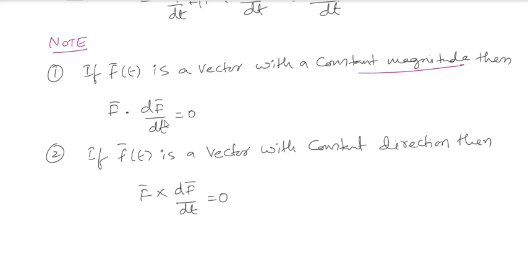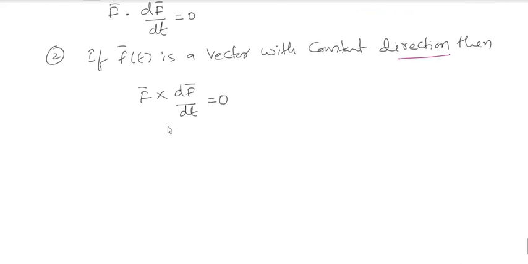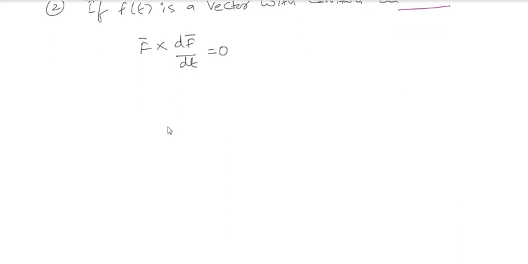So magnitude means dot product and direction means cross product. That's all. Clear? Getting what I'm saying here? Next, remaining two to three definitions. That's all. Nothing more than that.